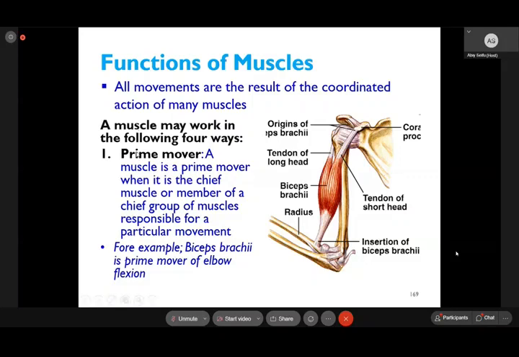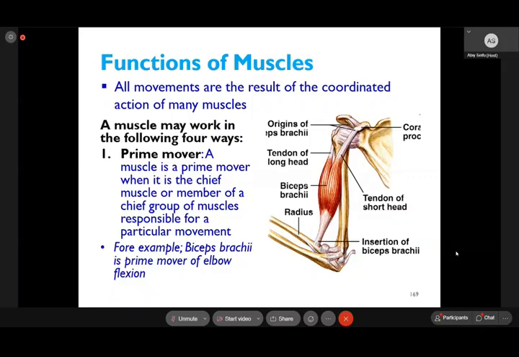That means a muscle or a group of muscles that is responsible for exerting the main force for a particular movement. For instance, during flexion of the forearm at the elbow, the prime mover is the biceps brachii muscle, because most of the force is generated by this muscle.